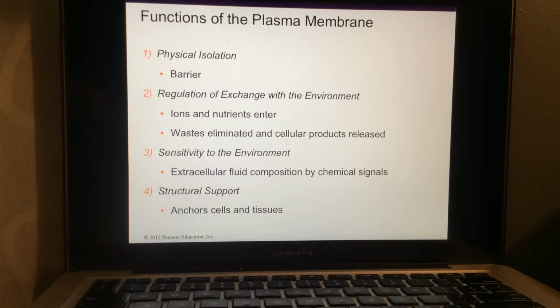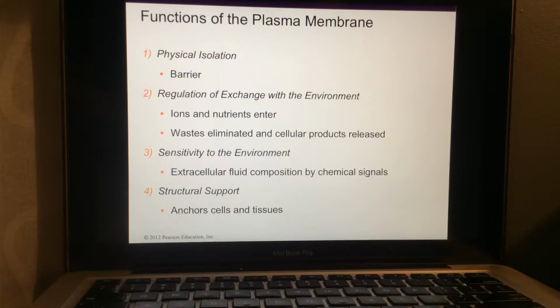Remember how I said that the plasma membrane is a semi-permeable structure, which means that certain materials can cross the membrane to the inside, but the reverse is true as well. So the waste product of that cell can leave in order to prevent a buildup of toxic waste. Now, the extracellular fluid is going to be affected by pH, so there's going to be chemical signals that will be very sensitive to the outside environment.